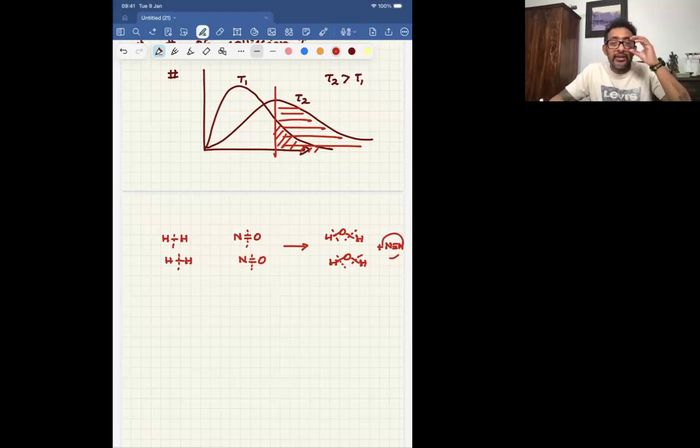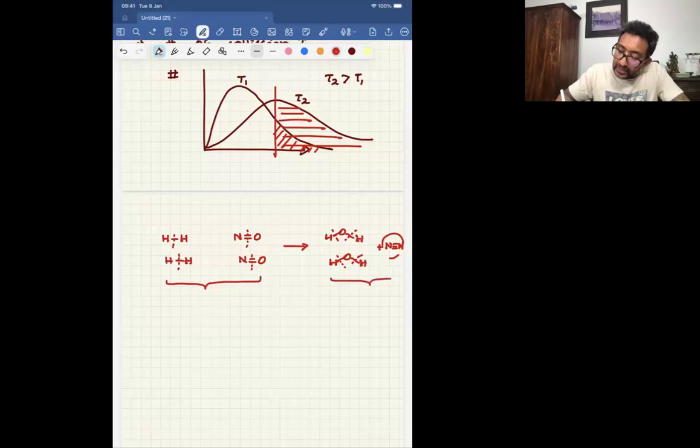Did you understand that? So you are breaking weaker bonds to form a large number of bonds and also stronger bonds. Here you are forming 4 single bonds, 2 double bonds, and 1 triple bond.